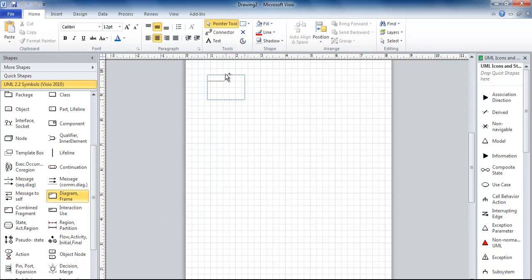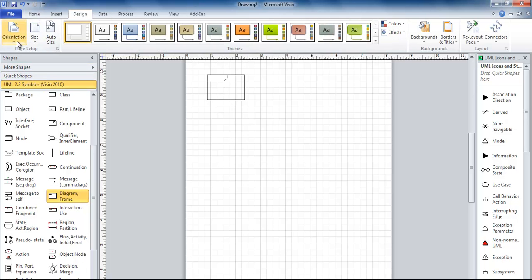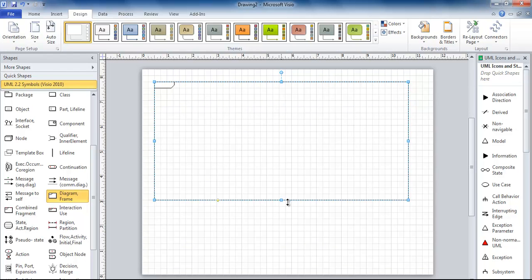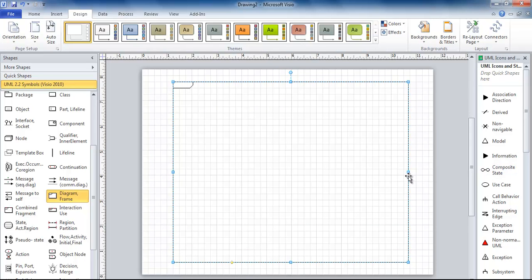the diagram frame. Before I use the diagram frame, I can go to design and change the orientation to landscape, and here it is our landscape, and then I can put the diagram frame here, and then I can extend it. The diagram frame is known as a system; this is where the user would interact with the system, and the system would be inside the frame.